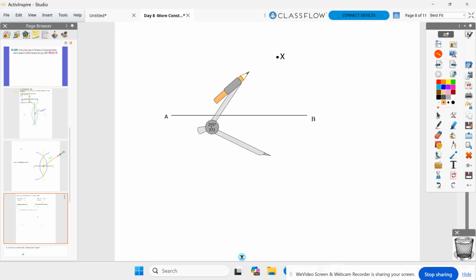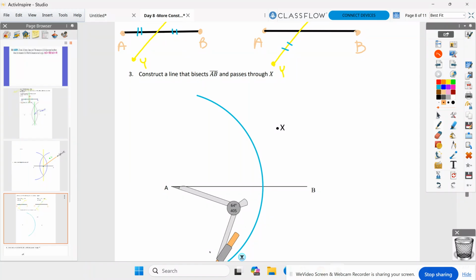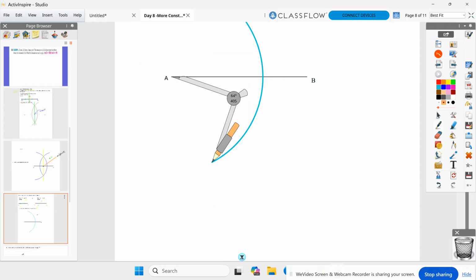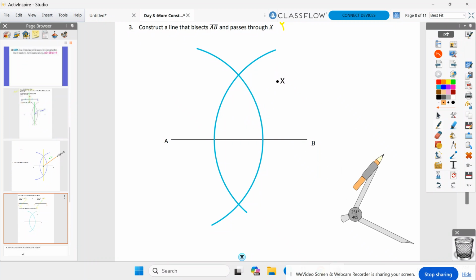So open up your compass more than half the length. This is a powerful construction. It is used for a lot of things. You do not have to draw the line in if you don't want, because remember, that line is not our final answer, the one you line up.